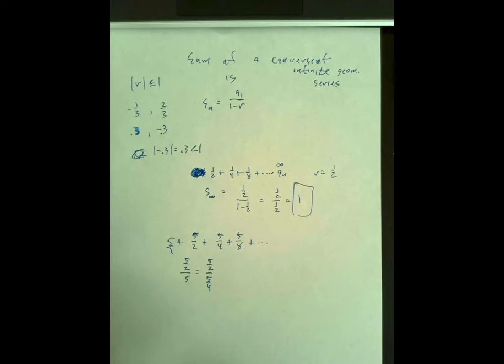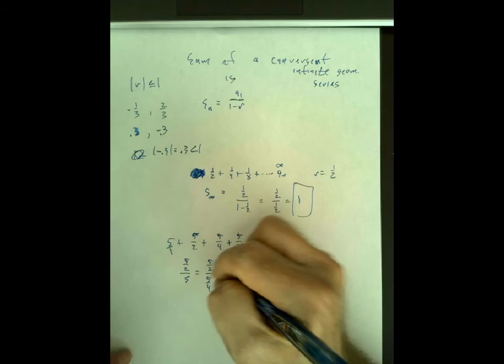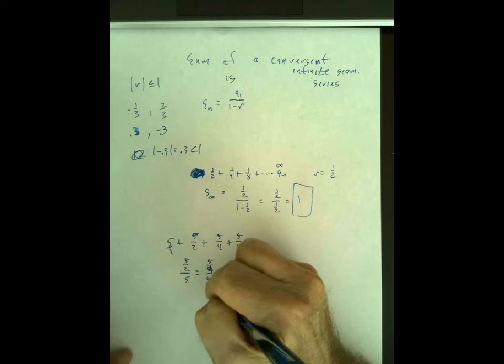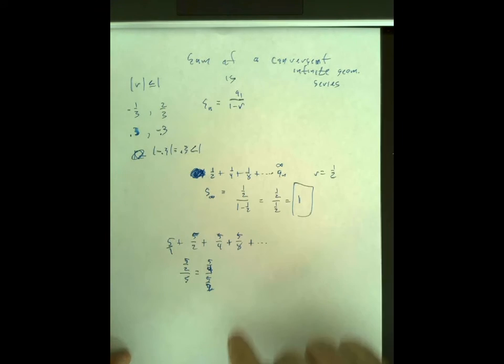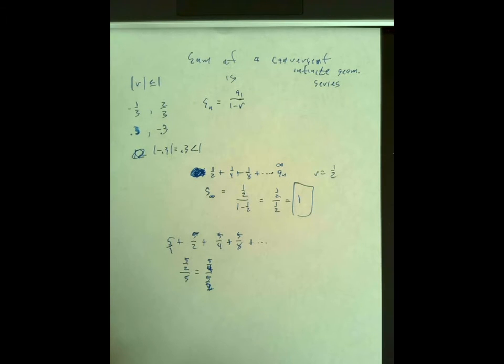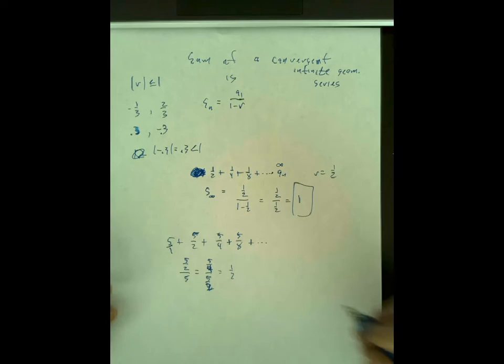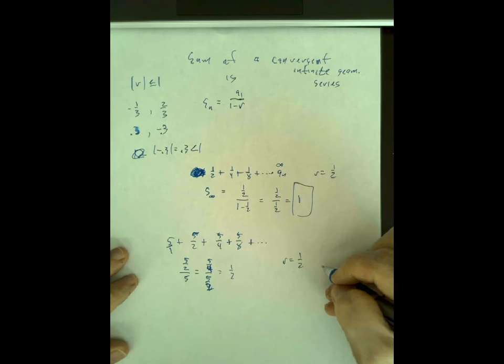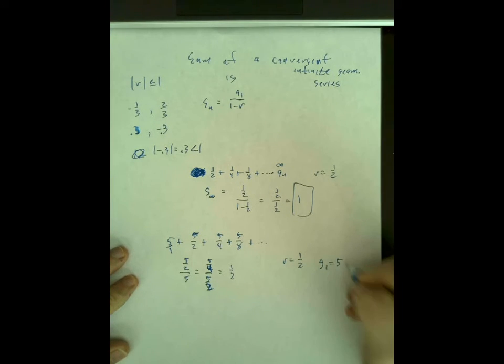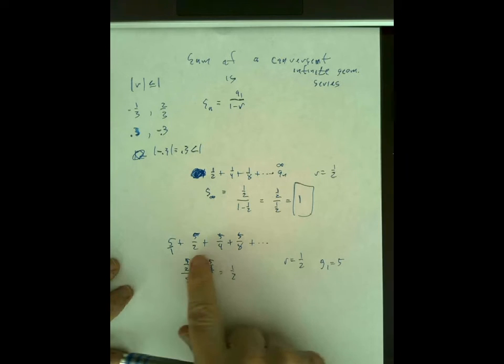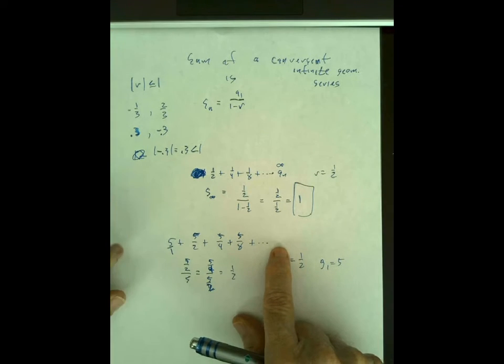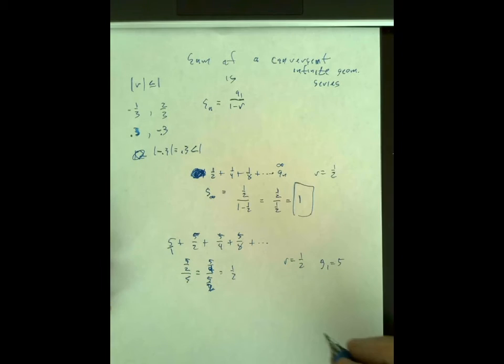And then 5 over 4 divided by 5 over 2, oops, I wrote that backwards. 5 over 4 should be the one on top. You divide those, and that also works out to be 1/2. So here again, the common ratio is 1/2, and the first term is equal to 5. If you want to, you can get your calculator out and see if this approaches a limit, but we'll go ahead and find the sum of that series.